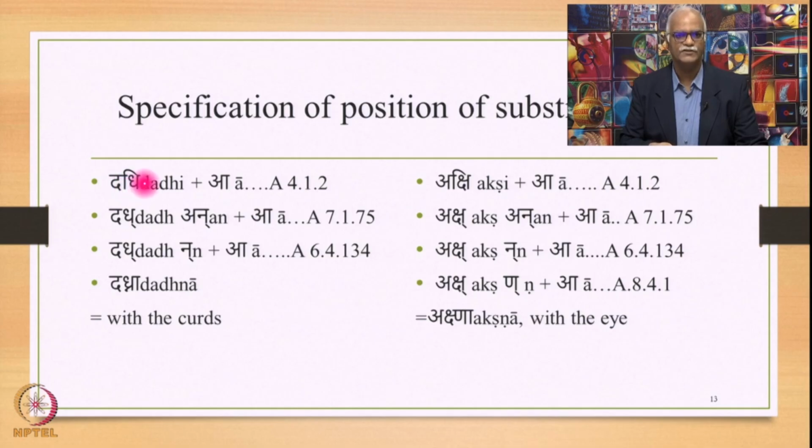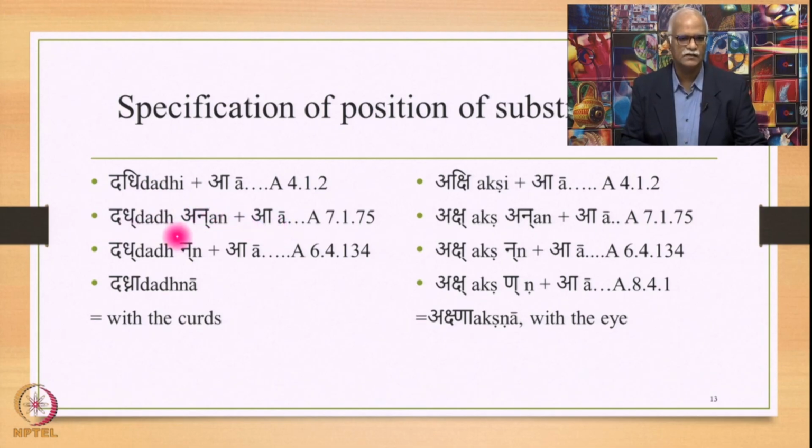So, where would you substitute this an, in place of what? The marker ng specifies the position of the substitute in the substituend. This is the substituend, and now marker ng specifies that this substitute comes in place of the final element, namely i over here. So now you get dadh, an comes in place of i, dadh, an plus a.